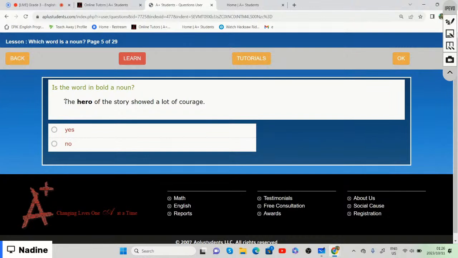The hero of the story showed a lot of courage. So the hero of the story showed a lot of courage. We need to say if the word hero is a noun. Hero.